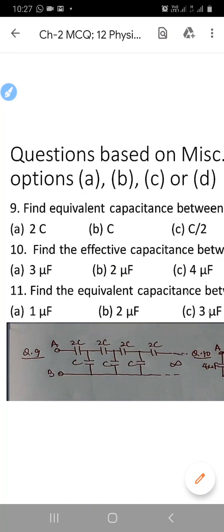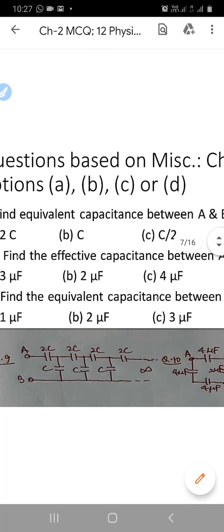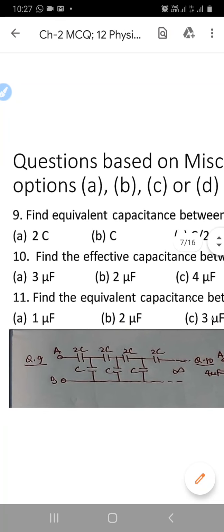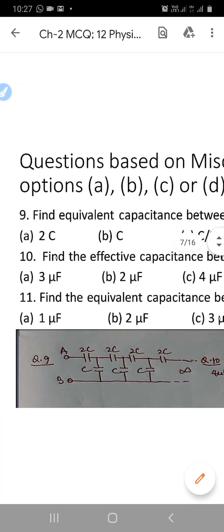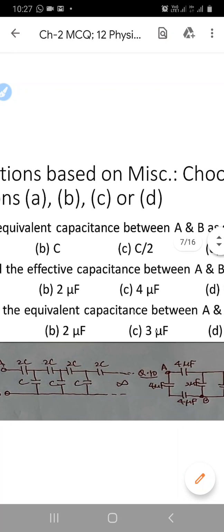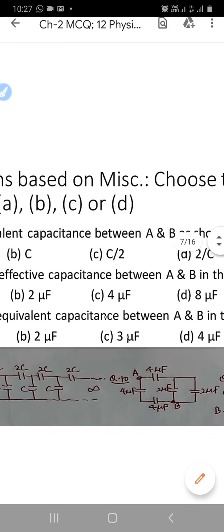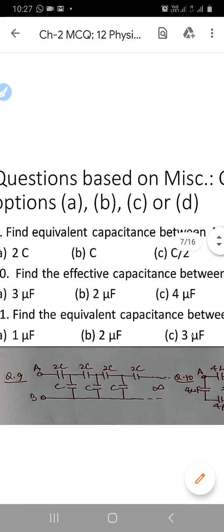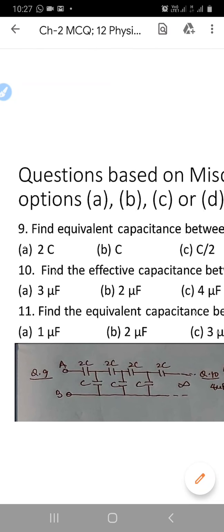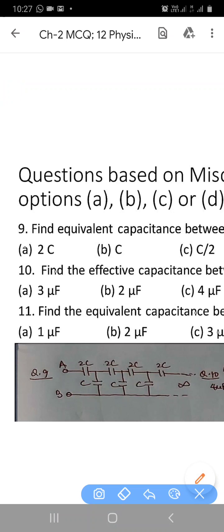So, for question number 9, between A and B, the correct option will be B. Now, last question 10.